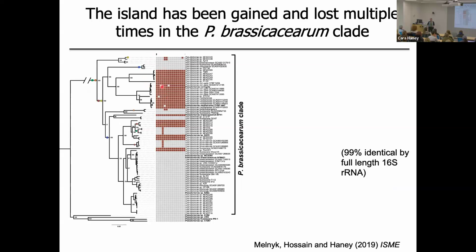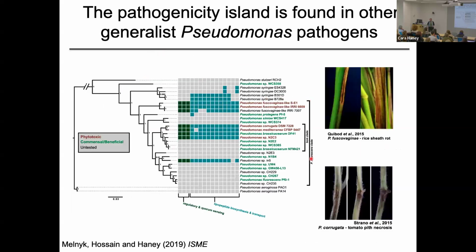And so it looks like there was an acquisition event here. Just for microbiome folks to orient you, these are 99% identical by 16S, this entire group. So actually going back, this would be our 97% identity. And then this is 99% identity. And some of these are the same ASV, so they have no SNPs in their 16S sequence. And so we're zooming in on very, very closely related strains.